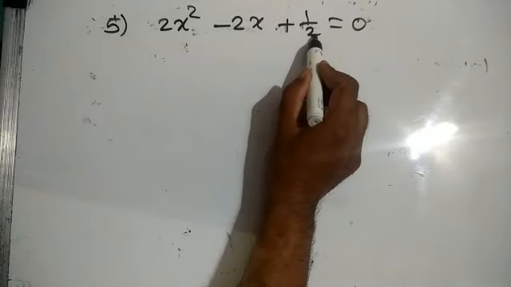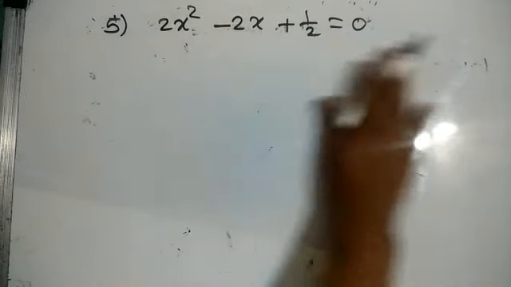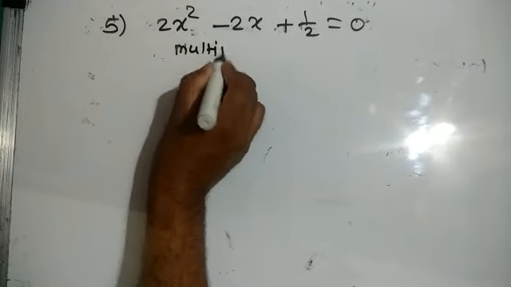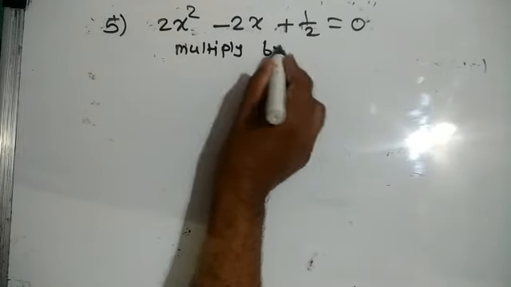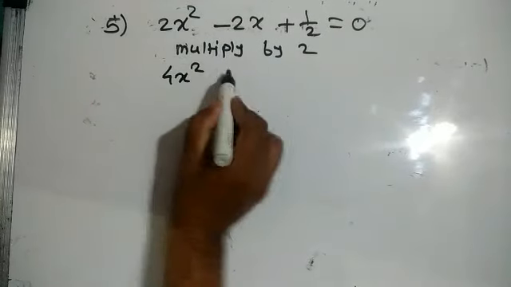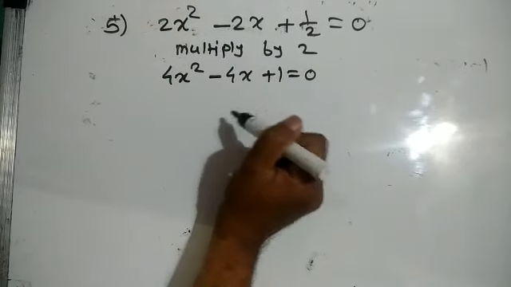Here 2 is in the denominator. Therefore, multiply throughout the equation by 2. What do we get? 4x square minus 4x plus 1 is equal to 0.